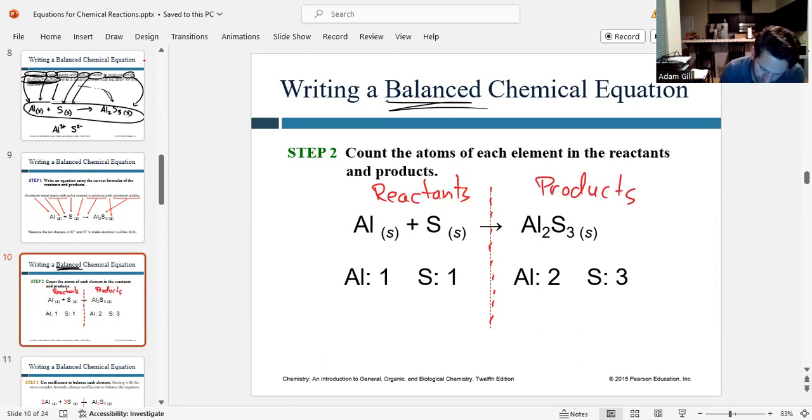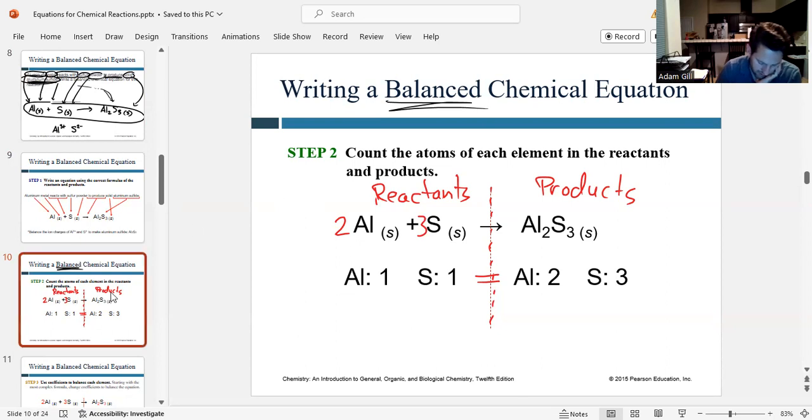And the number of atoms on the reactant side has to be equal to the number of atoms on the product side. So on the left side, we only have 1 aluminum and 1 sulfur. On the right side, we have 2 aluminums and 3 sulfurs. So what we do is we add coefficients in front of the compounds to make it balance.